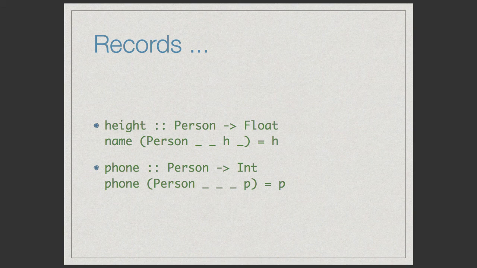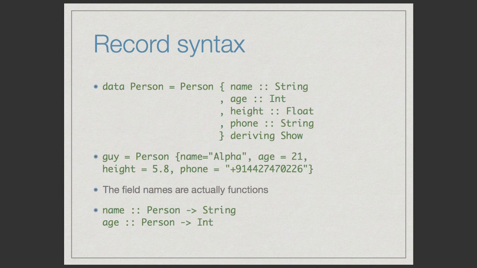But this kind of definition is quite cumbersome, so Haskell offers an alternative, easier syntax which is also familiar from other languages. You can define the person type as follows: data person equals person, and within braces you say name which is of type string, age which is of type int, height which is of type float, and phone which is of type string.